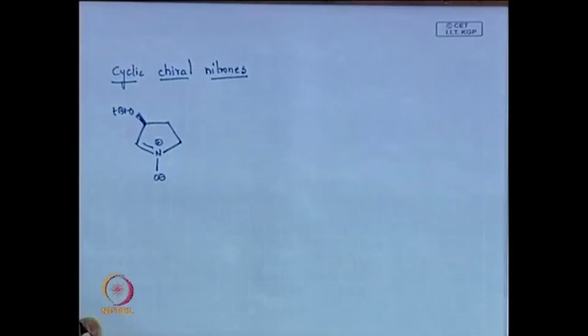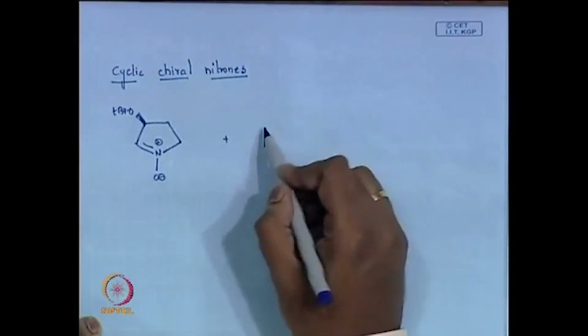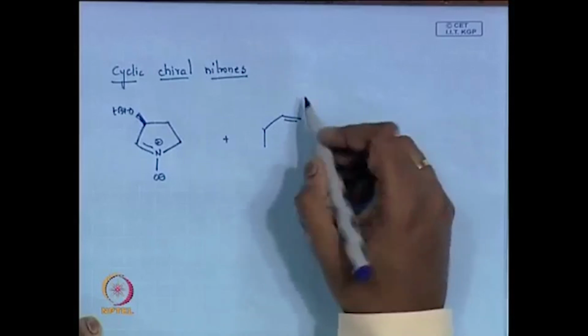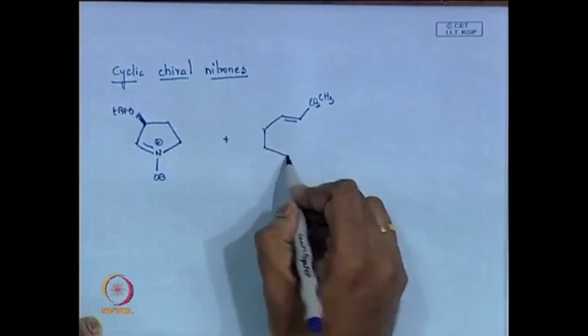I take this cyclic chiral nitrone and treat it with my electron deficient alkene.